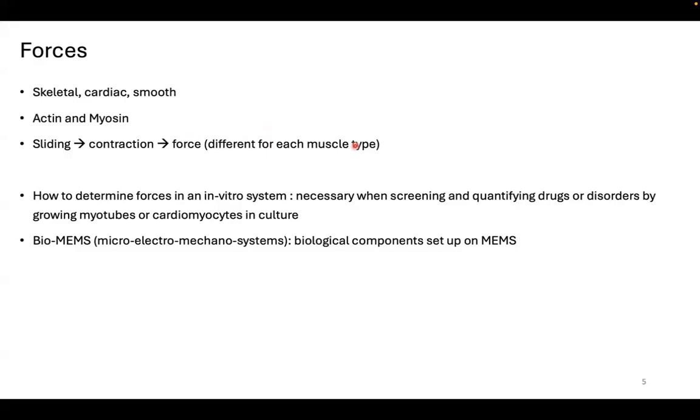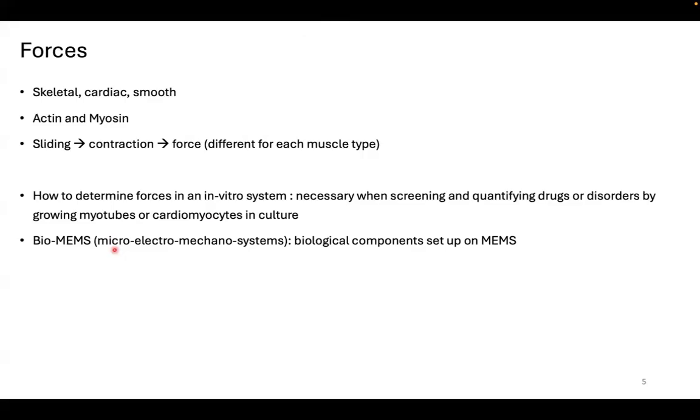In the case of muscle force generation, it requires a different setup. We briefly talked about this in the first or second week of the course: micro electromechanical systems.